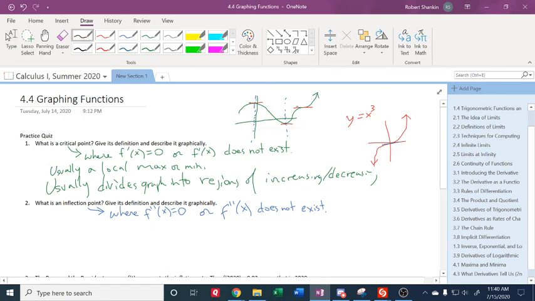They have a tendency to be halfway between critical points, and they separate regions of concave down, in that case, from regions of concave up. And then there's a region of concave. Now here's another inflection point. See, because we're concave up here, and then we're concave down, and then we're concave up.